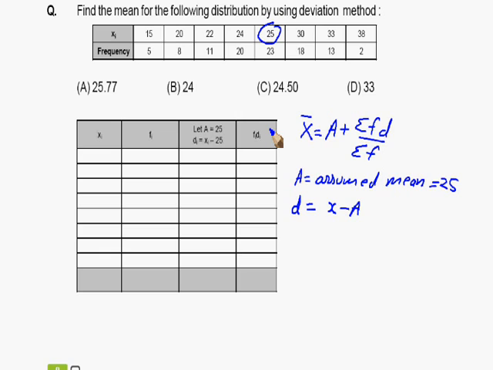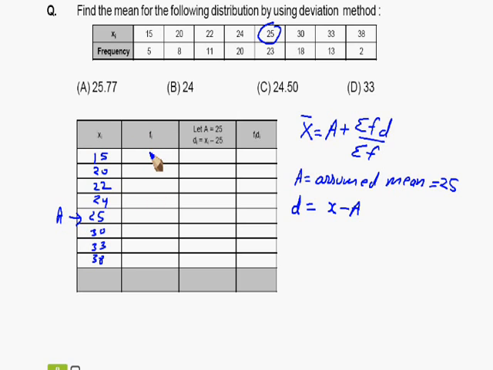Now here the observations are given as 15, 20, 22, 24, 25, 30, 33 and 38. So x is our observations. We write them in the first column, and from these observations we assume a as the assumed mean.